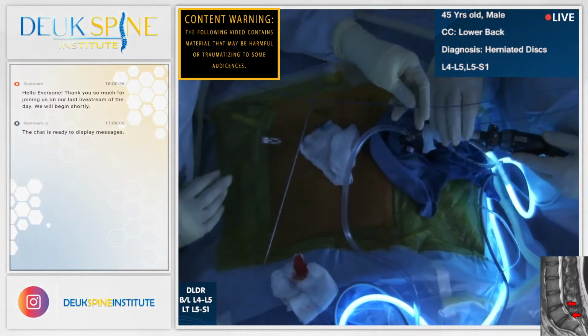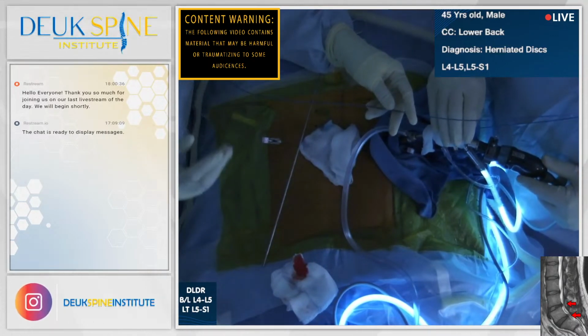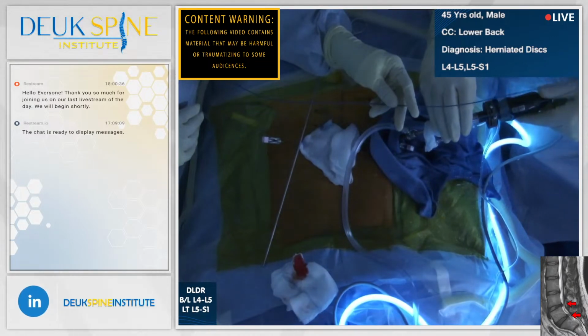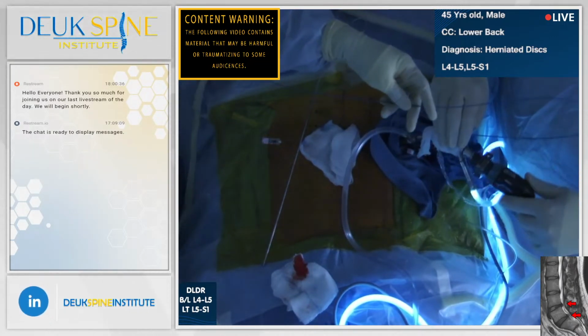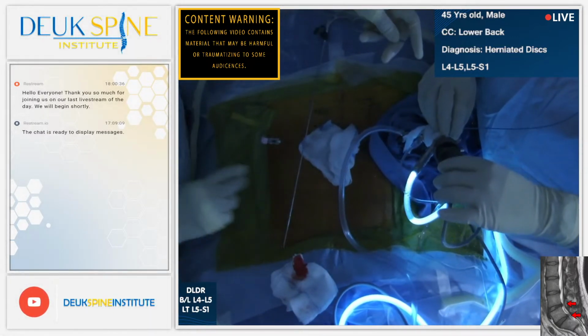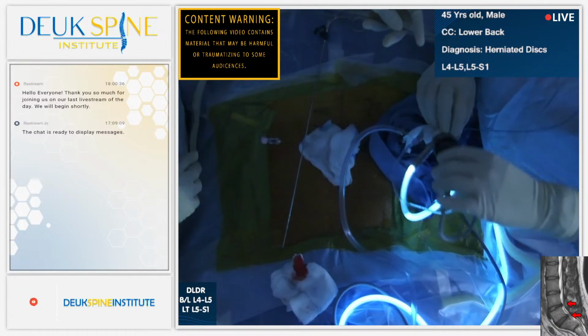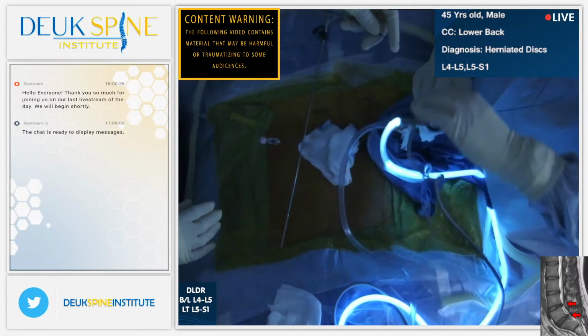People ask me, can you remove bone spurs? We can melt metal. Not intending to, but it happens. This laser is extremely powerful.